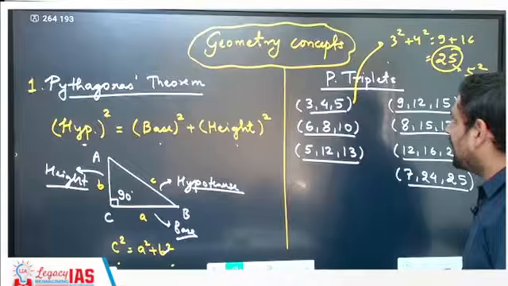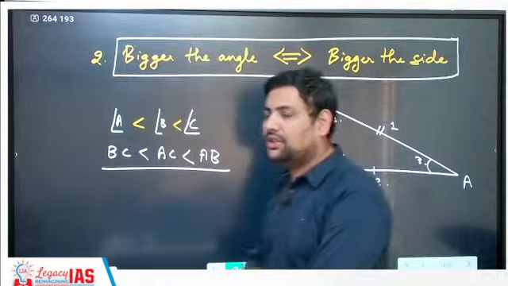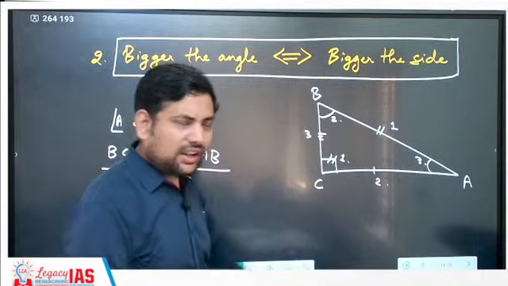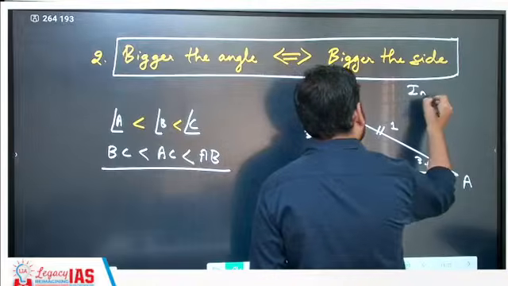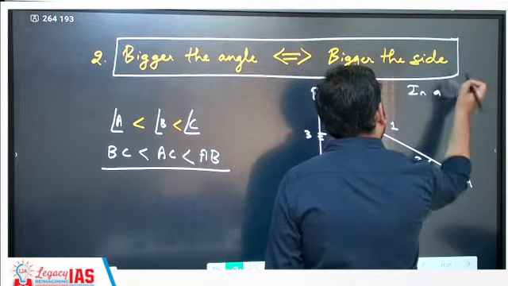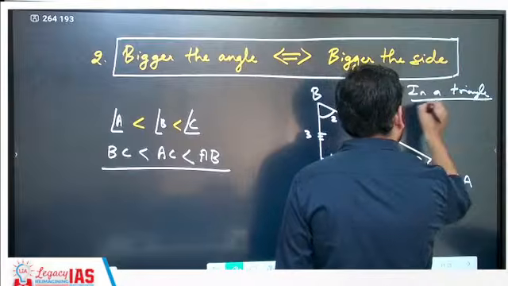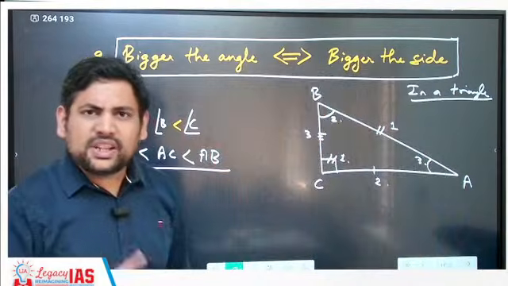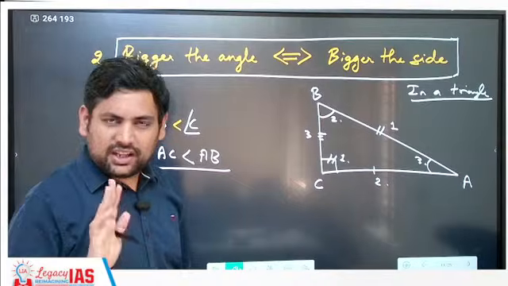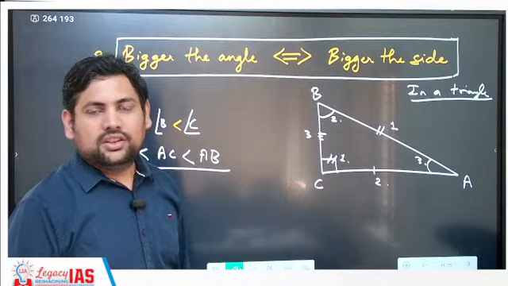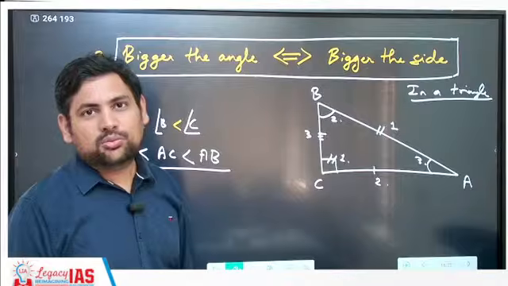Now, what you are asking is that bigger the angle, bigger the side. So if you look in a triangle, the larger angle corresponds to the larger side. The smaller angle corresponds to the smaller side.